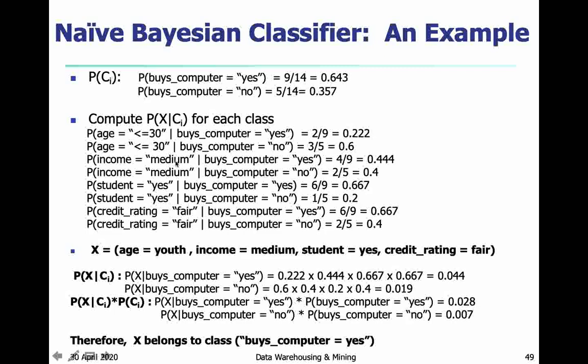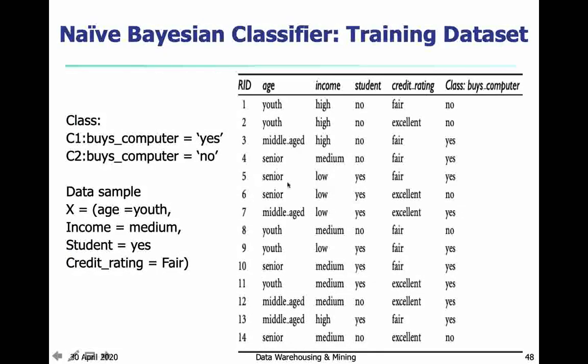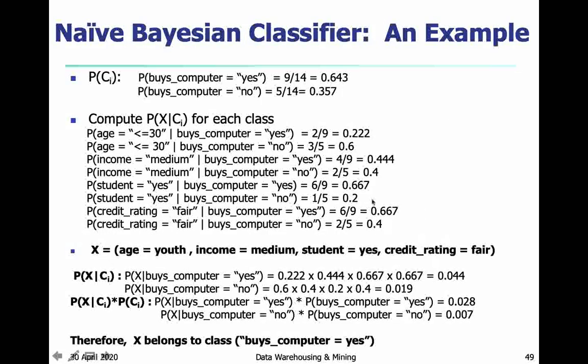So first, age is youth and buys computer is yes. Youth and yes: 1 and 2, so two tuples are there, right? And how many tuples are there for yes? 9. So this is 2 by 9.